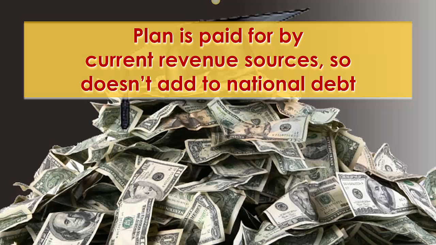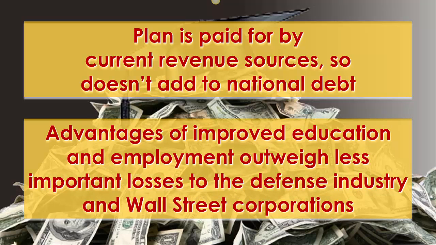Well, the policy advocate might want to argue in advance that the advantages of improved education and employment for American citizens outweigh the less important losses to the defense industry and to Wall Street corporations.